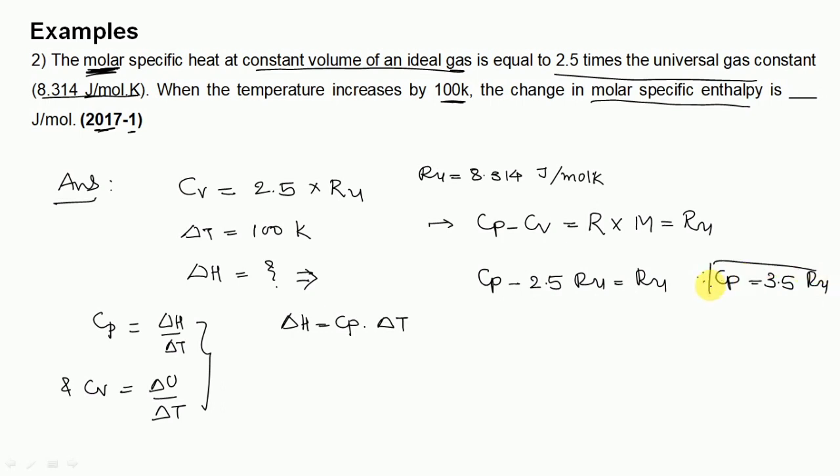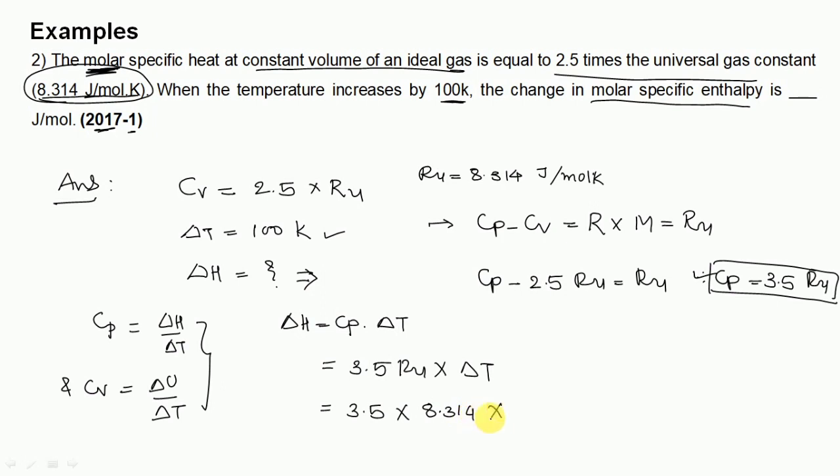So the change in temperature is given, and here Cp is there. So delta H is equal to 3.5 Ru into delta T, and Ru is the universal gas constant, whose value is already given, 8.314 joule per mole Kelvin. So I write over here 3.5 into 8.314 into the change in temperature, which is 100 Kelvin.